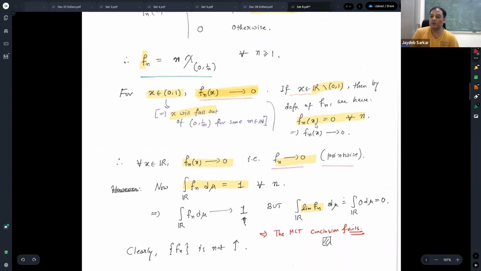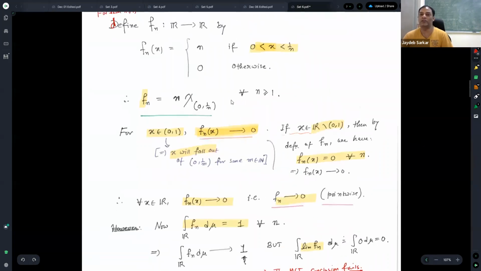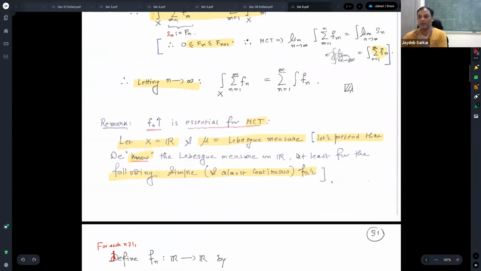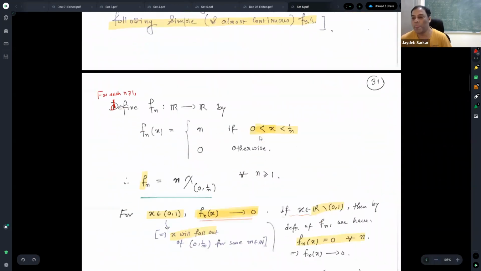Perhaps it's natural, because the way we constructed our Fn is certainly not increasing, so we cannot expect the MCT conclusion. Keep in mind that Fn increasing is essential.